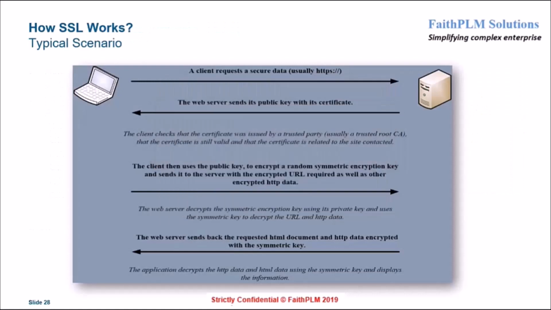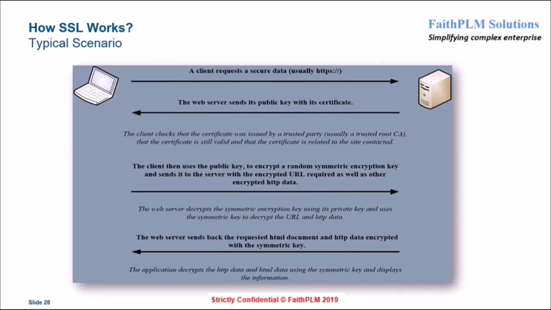This is a typical scenario of SSL, how SSL basically works. In SSL, the client will check whether I am pointing to the correct server or not. So the client basically confirms server authentication, that is, server validity.